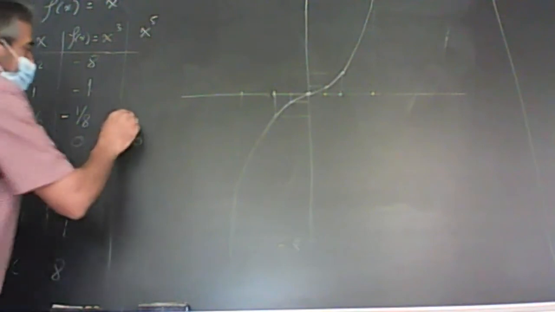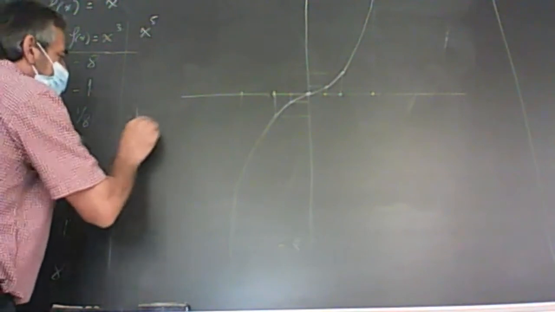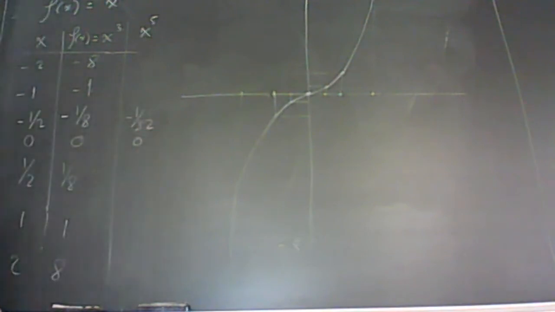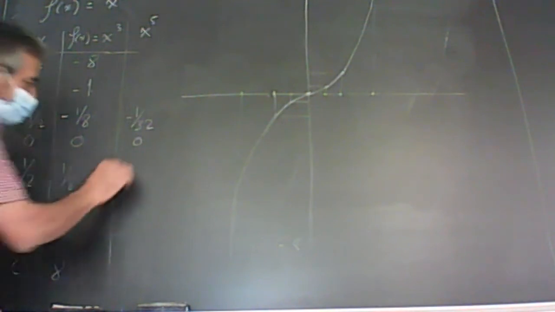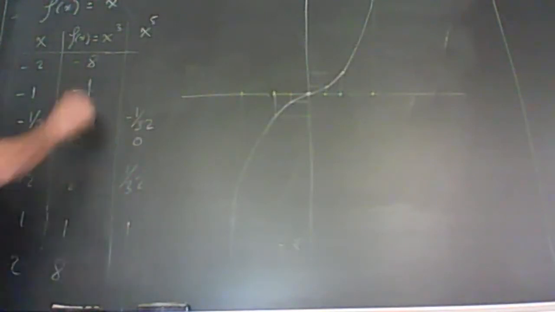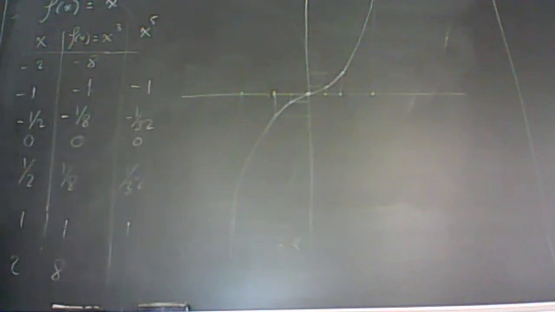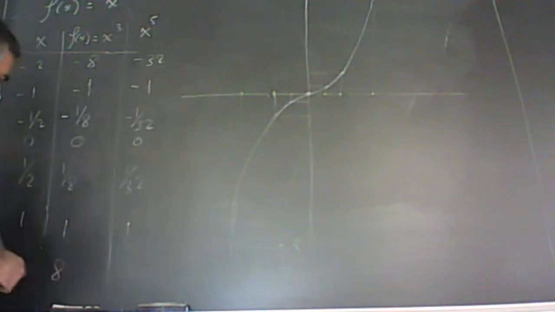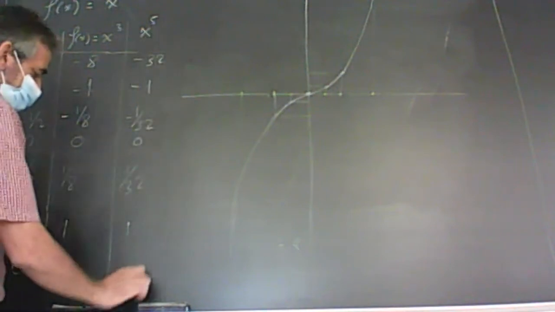But at negative 1/2, I'm going to get negative 1/32, because if I take 1/2 and multiply it by itself 5 times, I get 1/32. With this one, I get 1/32. At 1, I still get 1. At negative 1, I still get negative 1. At negative 2, I get negative 32, and at 2, I get 32.